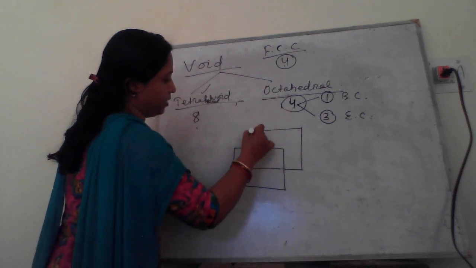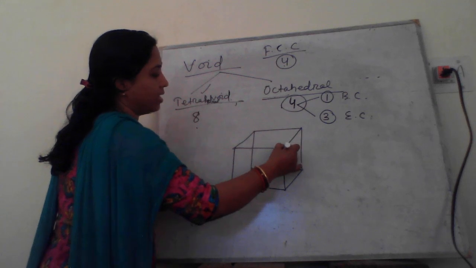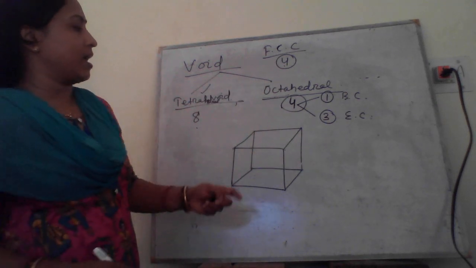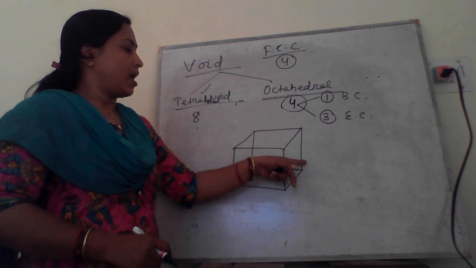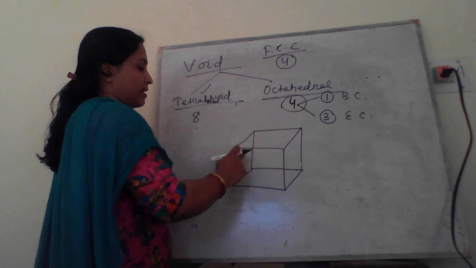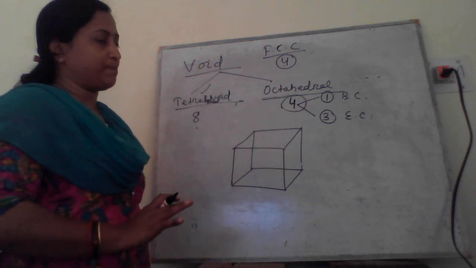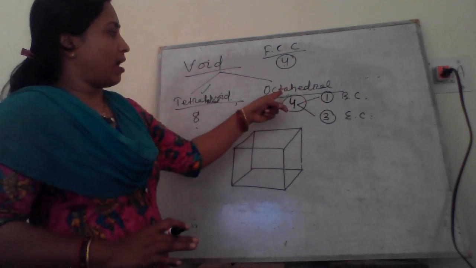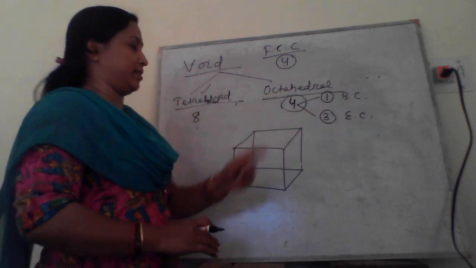This is your FCC unit cell. In the FCC unit cell, atoms are present at 8 corners as well as 6 atoms at 6 faces. One octahedral void is present at the body center.